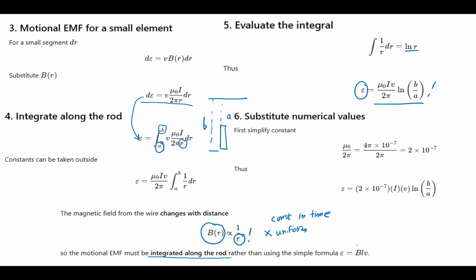We have to change from the uniform magnetic field case to dE equal to v B(r) dr. The only constant factor is the velocity v. And B(r) is given by 1 over r, so that we have this log term.